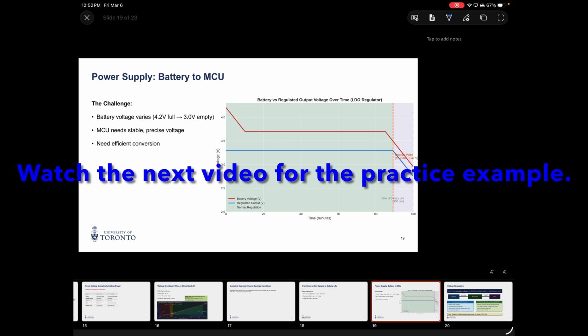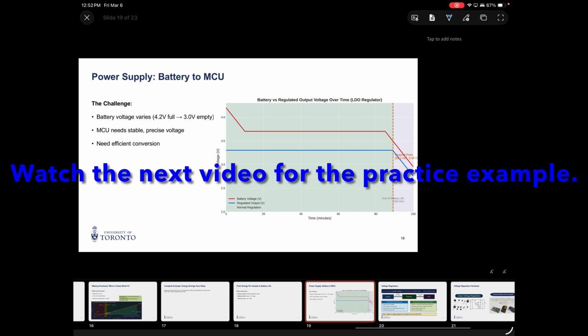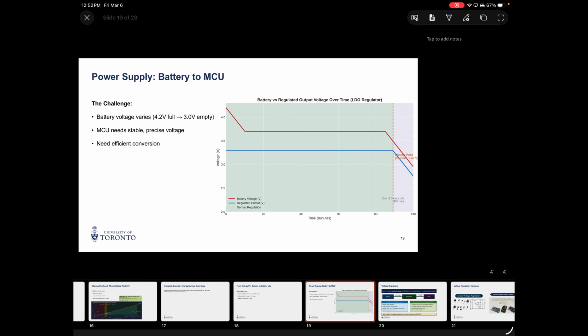Now the next topic, let's quickly go through this one too, is that the battery that we are supplying to our circuit, as the capacity drops, the voltage is varying that is being supplied to the MCU, right? But the MCU says Vref must be 5 volts or 3.3 volts, right?